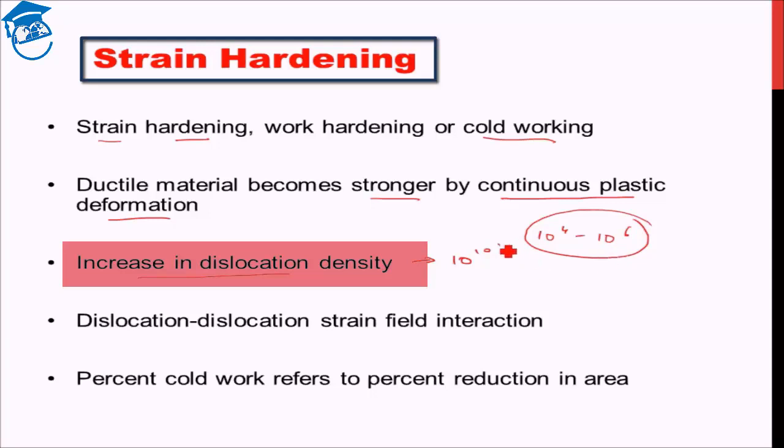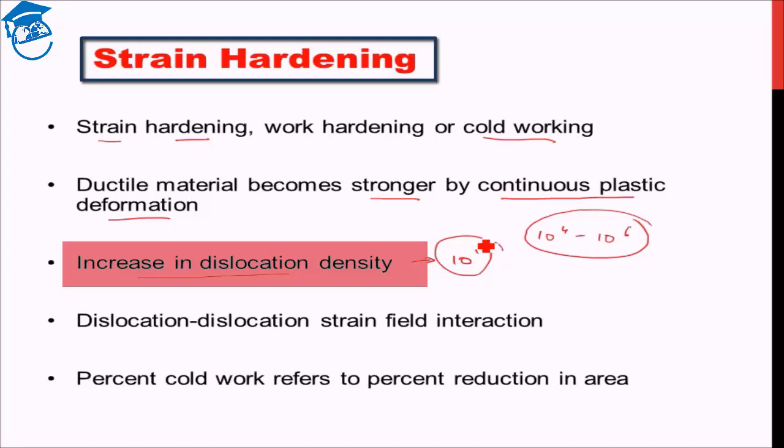But now since the dislocation density has further increased, the amount of dislocation interaction will be much more than initially, and the more the number of dislocation interactions, the more difficult it will be for the dislocations to travel through the material, the more will be the pinning down of dislocations, and the more will be the energy and stress requirement for the dislocation to move and further plastic deformation to happen.